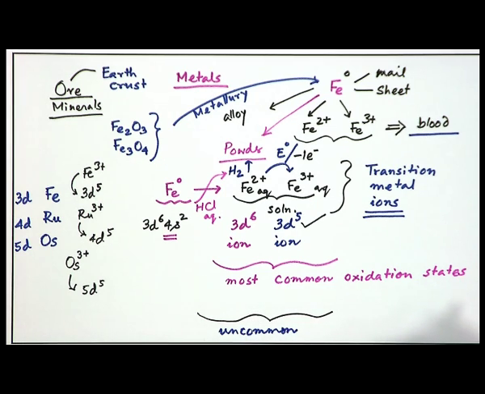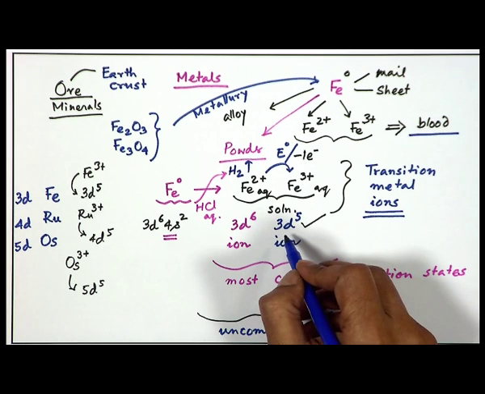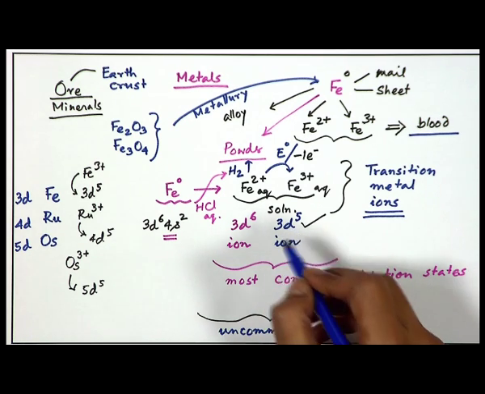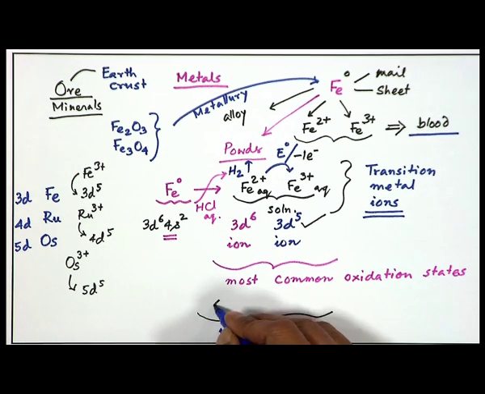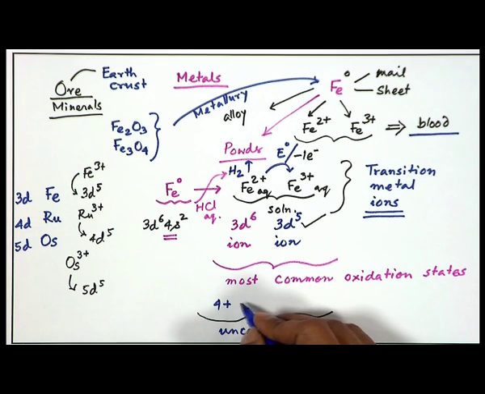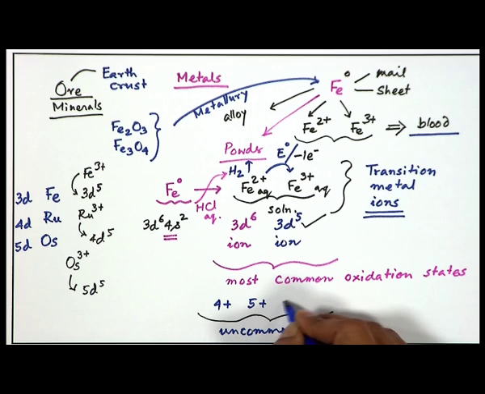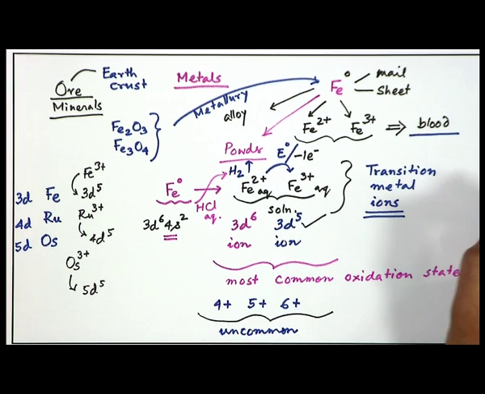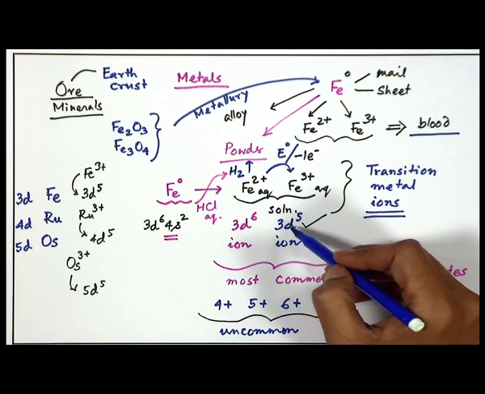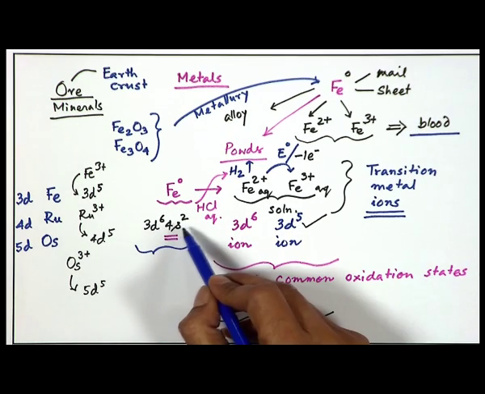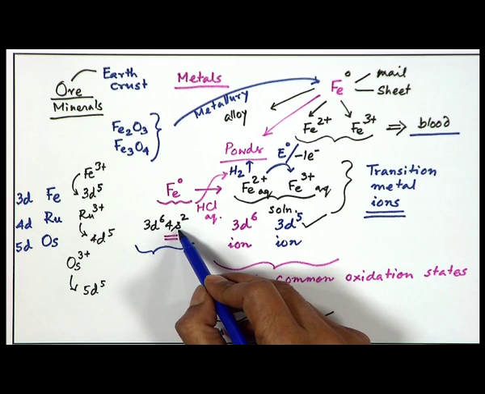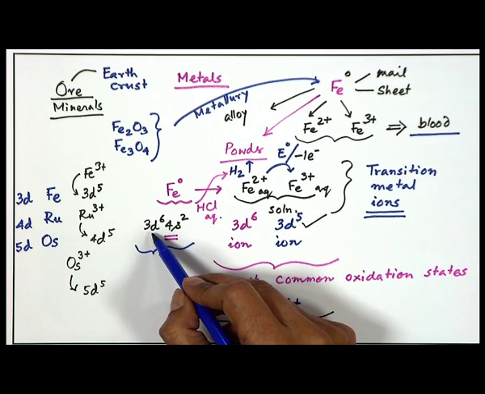So, uncommon oxidation states we can have, that means beyond this. So, 2 and 3 can be there, but we can also have 4 plus, 5 plus, or 6 plus. Altogether we can have 8 electrons, 2 in the S level and 6 in the D level.